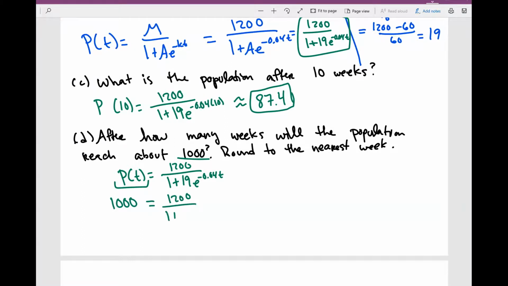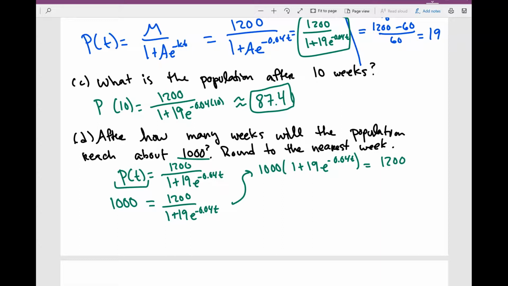This is going to require a lot of messy algebra, and you have to be very comfortable with this. If not, there's a ton of YouTube videos on how to solve exponential equations of this kind. The first thing I'm going to do is multiply the denominator to the other side. So I'm going to have 1,000 times 1 plus 19 e to the negative 0.04 times t is equal to 1,200.